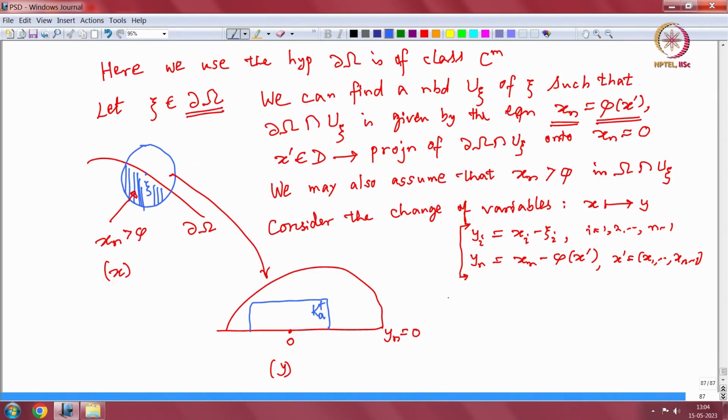So consider a new function, small z of y, this is f of y1 plus j1, and so on. In fact we are already using the inverse transform.